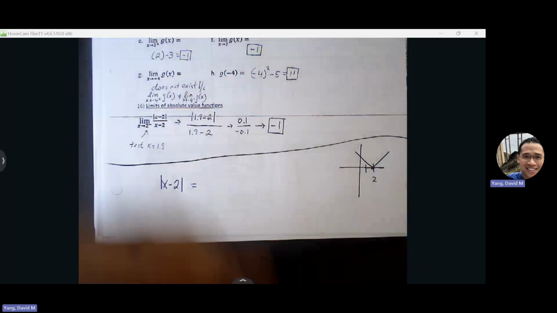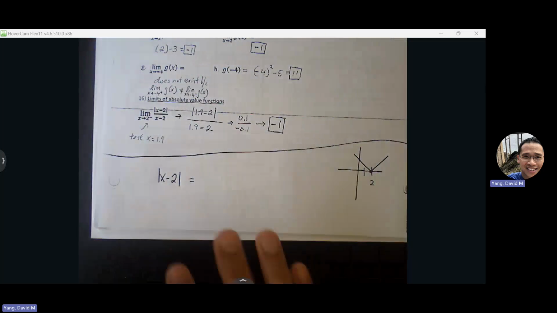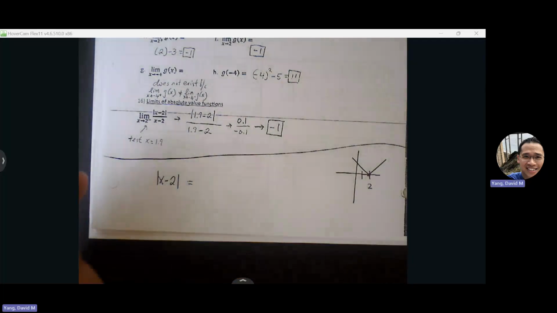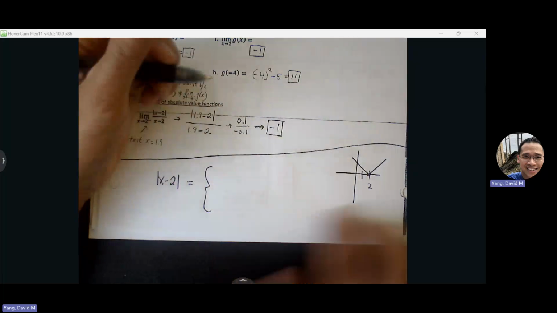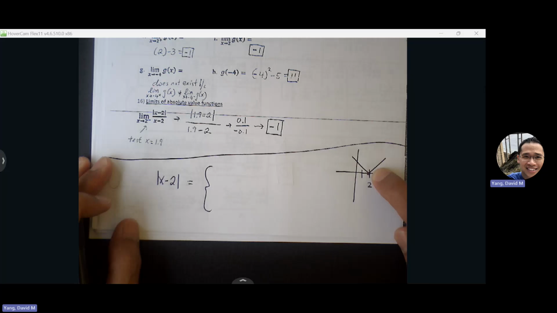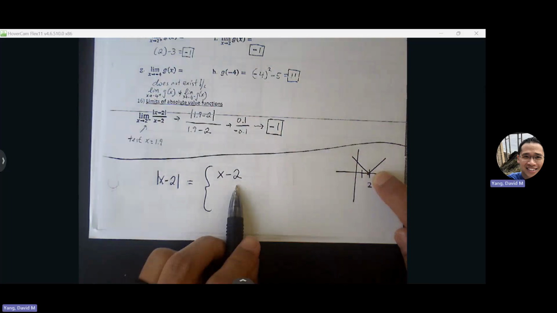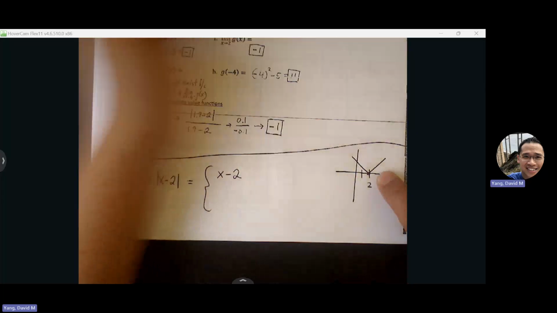Now, absolute value of x minus 2 can be thought of this way. It can be broken down as just the combination of two linear functions that happen to have the same starting point or same ending point. So absolute value of x minus 2 is just this. It's just a positive slope version of the graph, which is just x minus 2. And this graph would continue if it weren't broken, if it weren't stopped.